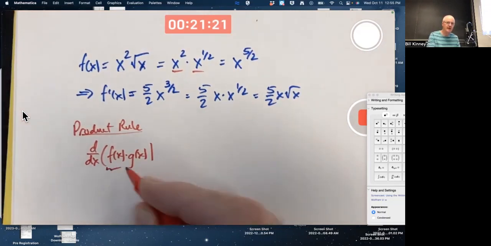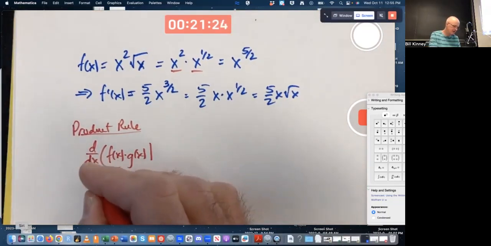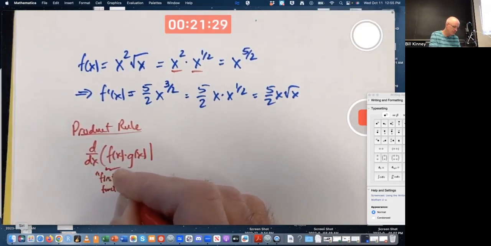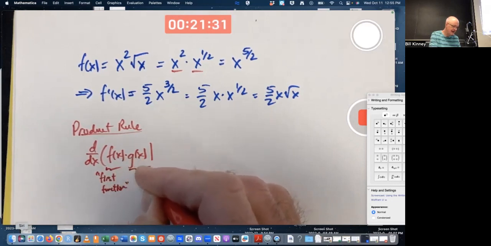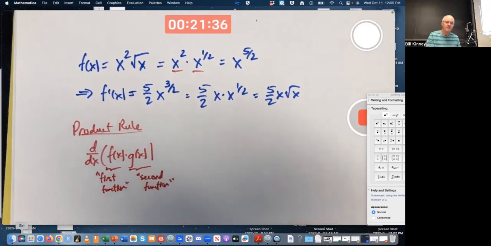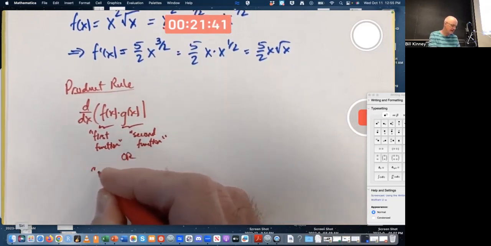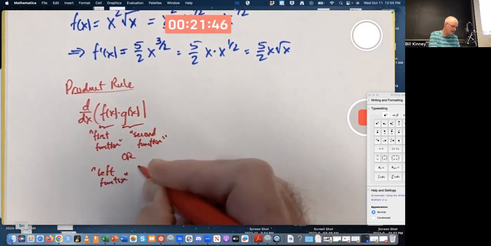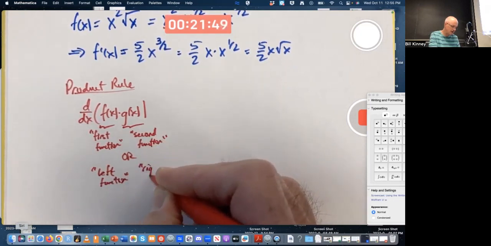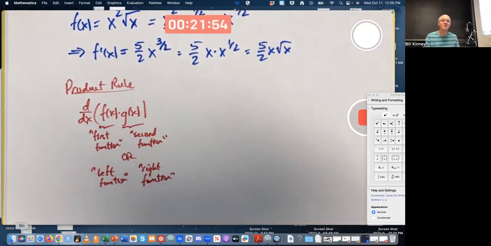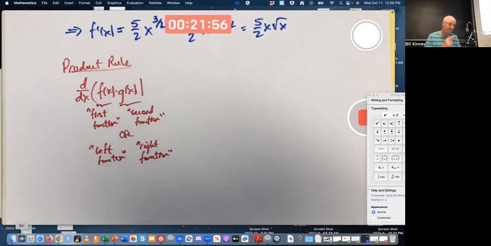Sometimes you think of f of x as being the first function and the g of x as being the second function. Alternatively, think of the f of x as the left function and g of x as the right function, meaning on the left and on the right.